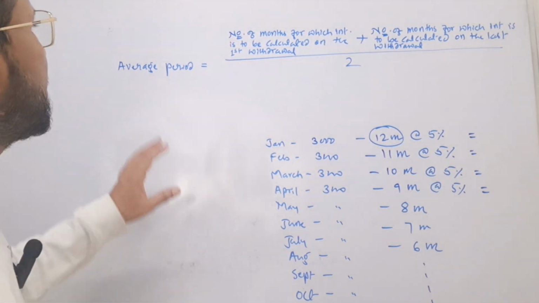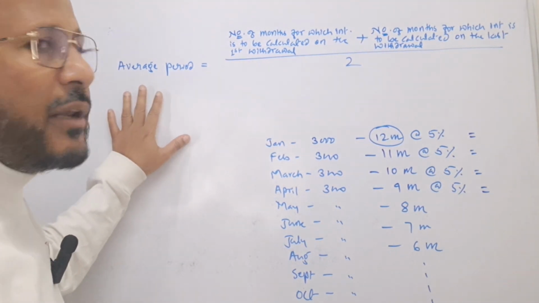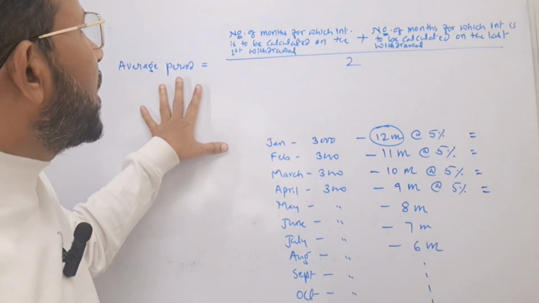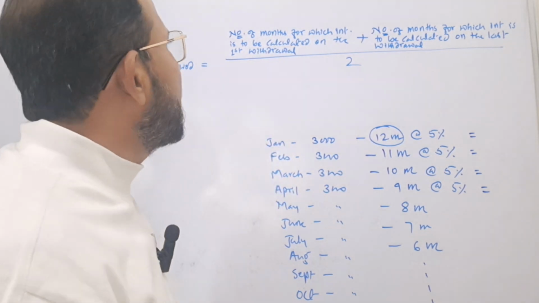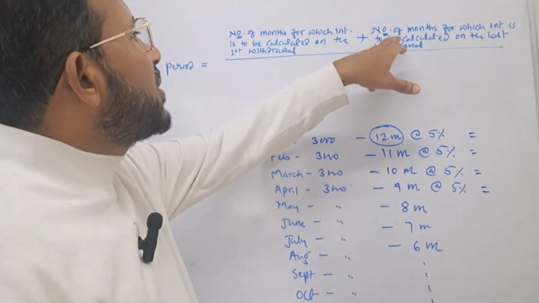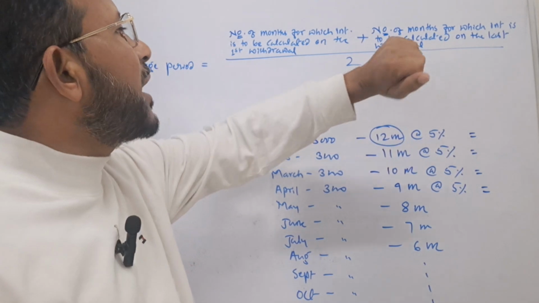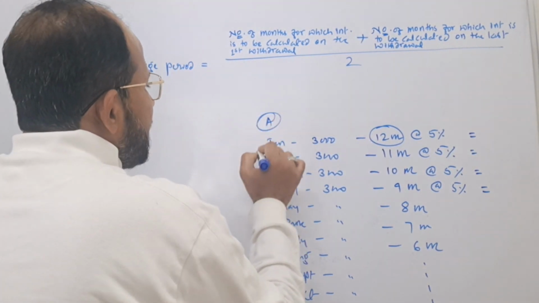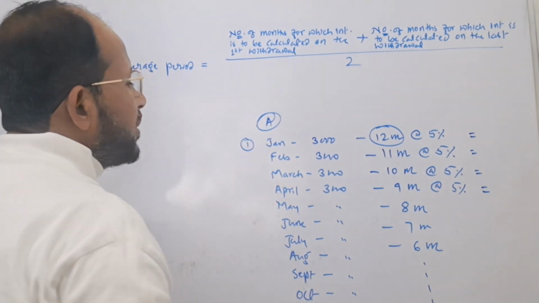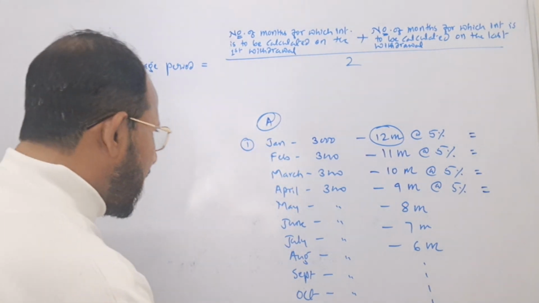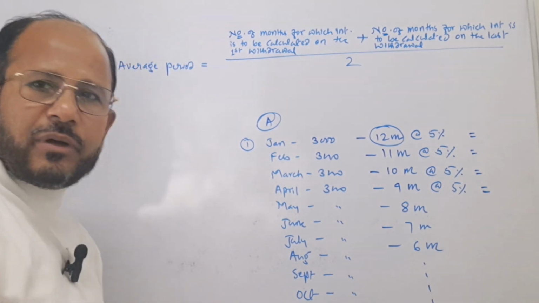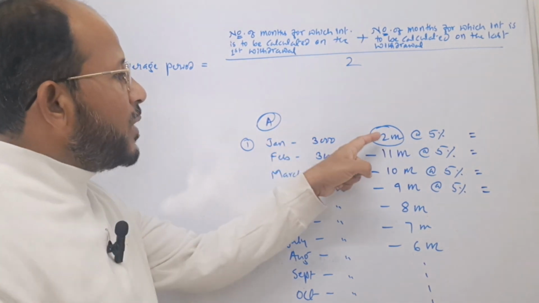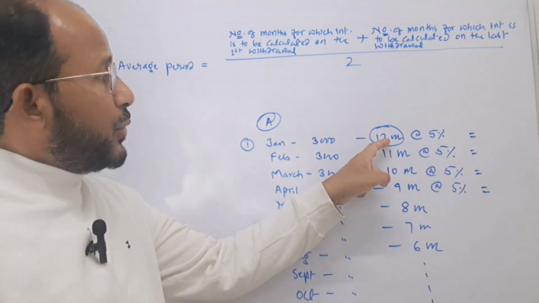Okay, just go through this formula. What is written here? Average period is equal to the number of months for which interest is to be calculated on the first withdrawal, plus the number of months for which interest is to be calculated on the last withdrawal. See, in case of Mr. A, the first withdrawal was made in the month of January. Assume the last withdrawal he made in the month of December. That is why on his first withdrawal, for how many months is interest to be calculated? 12 months.